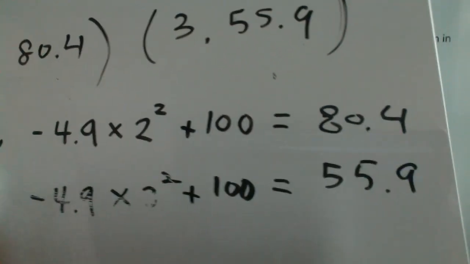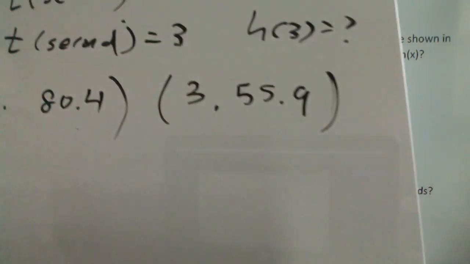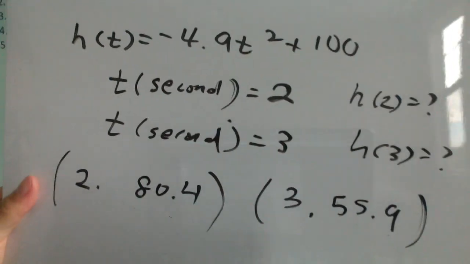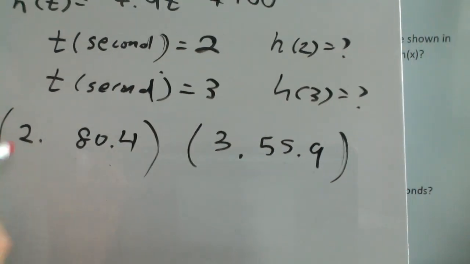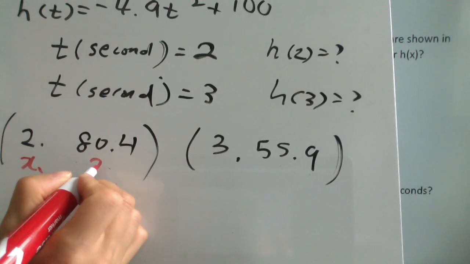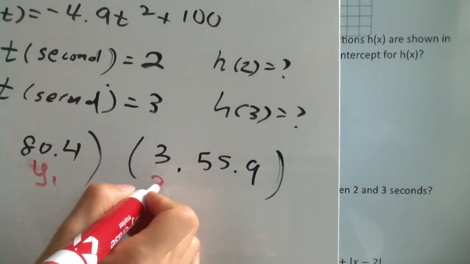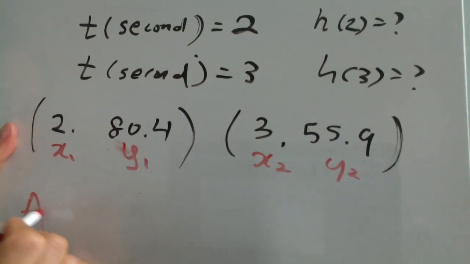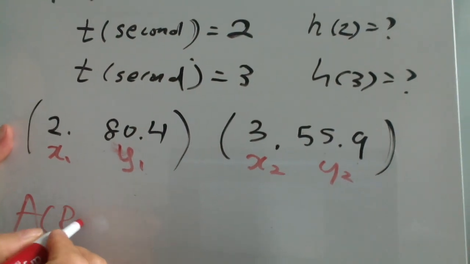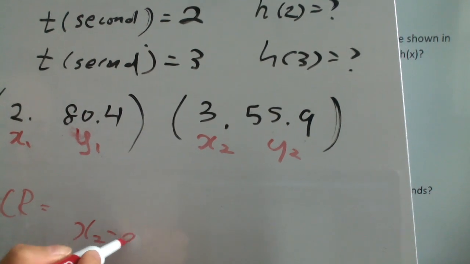And I will erase this so we can use the board. So let's figure it out. Let's say this is x1, y1. This is x2, y2. So the average rate of change is y2 minus y1 over x2 minus x1.